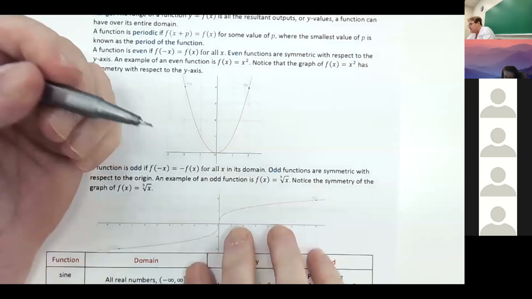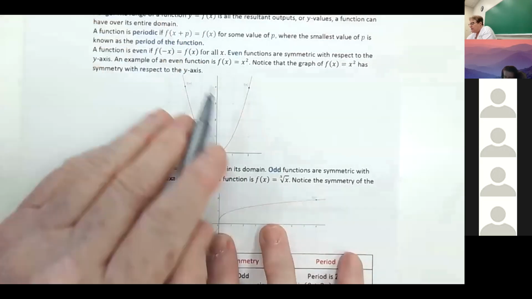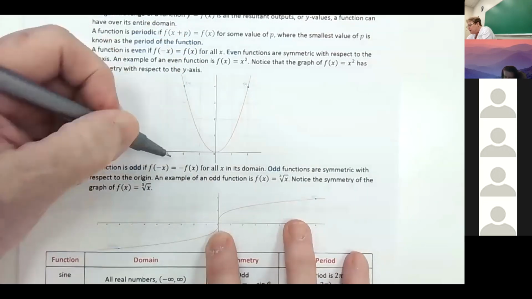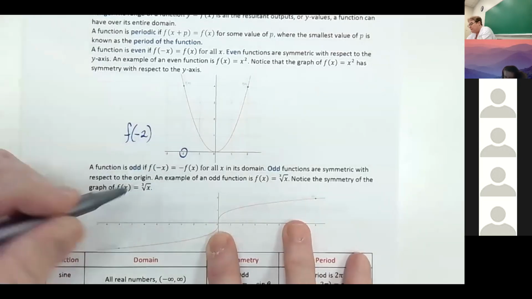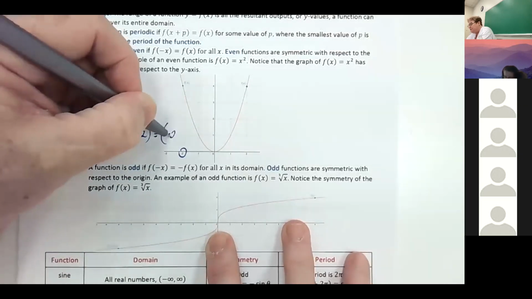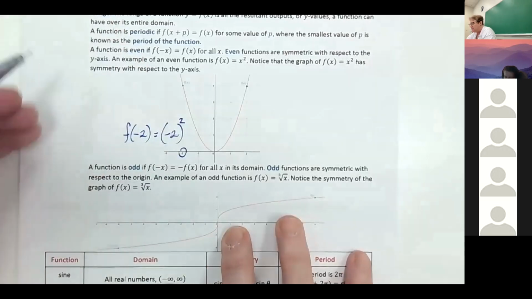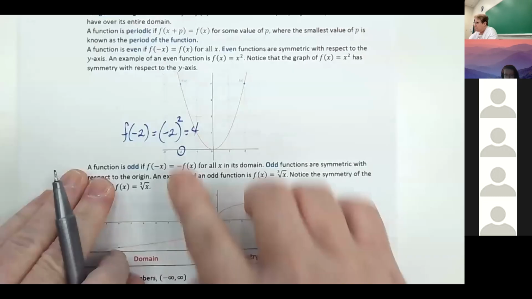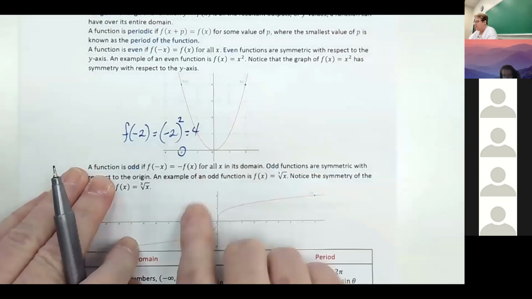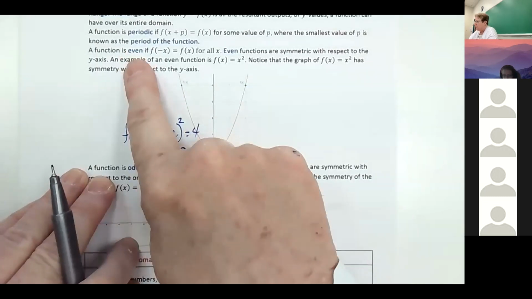And I can also see that this works because I can plug in -2, f of -2. Well, that's -2 squared, and what is -2 squared? Which is exactly the same as +2 squared. So that's why x squared is even.